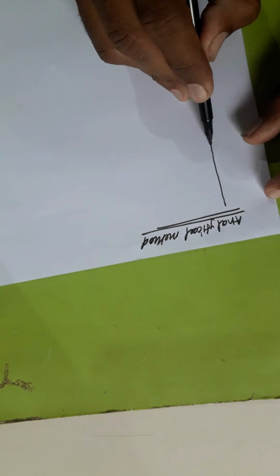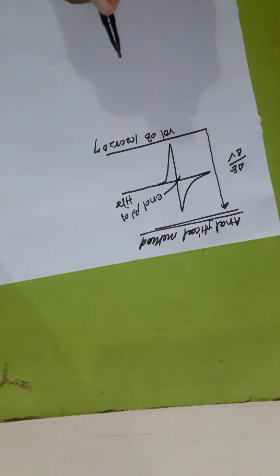Here EMF increases slowly and then sharply, like this. This is the exact or correct end point of titration. The analytical method is used to determine the exact end point of titration.